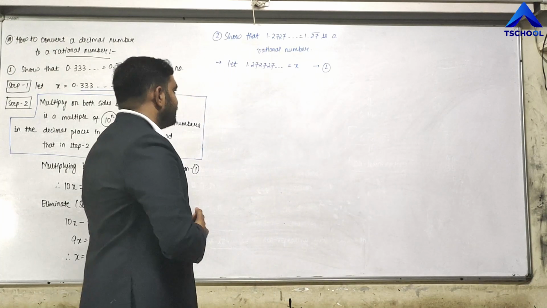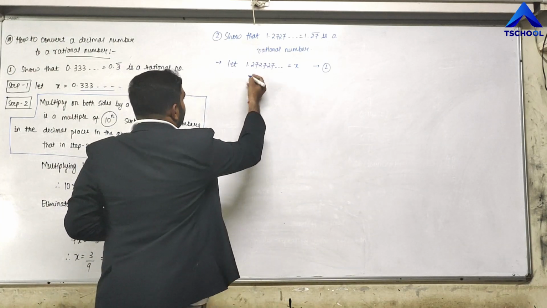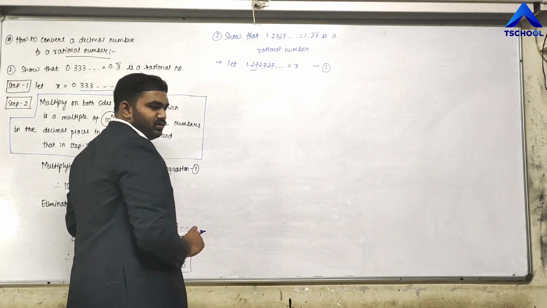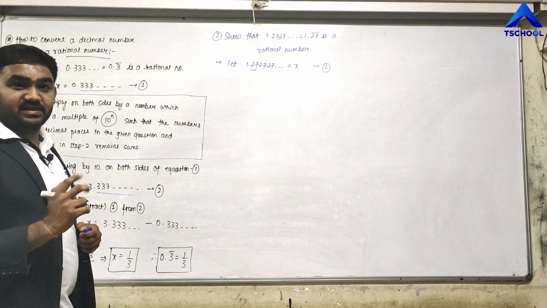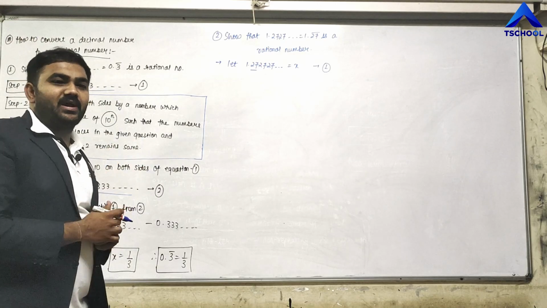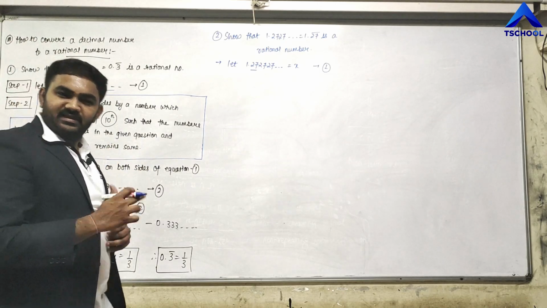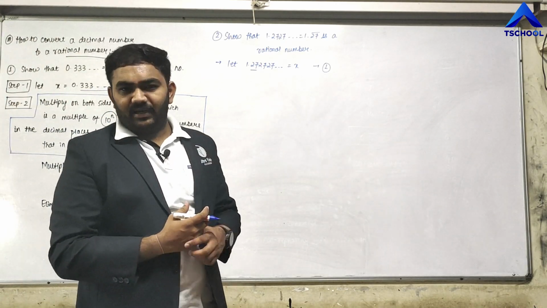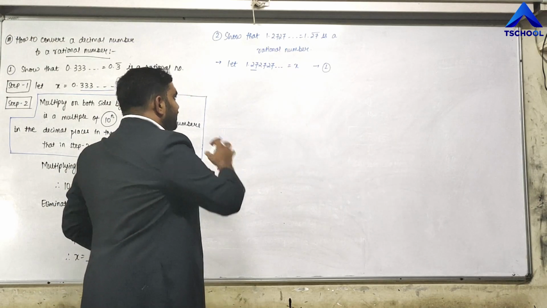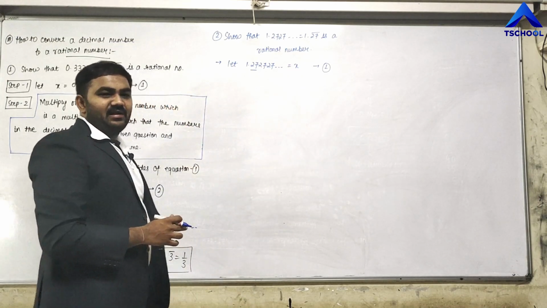Here 2 numbers are repeating, 272727, right? So you need to multiply by 10 raised to 2. What is 10 raised to 2? 100, right? So we need to multiply on both sides by 10 raised to 2.